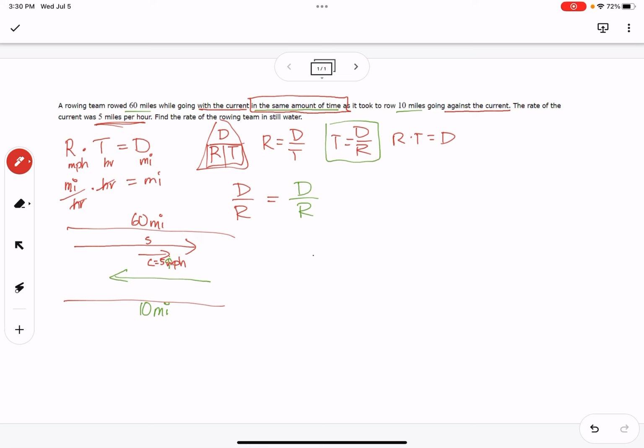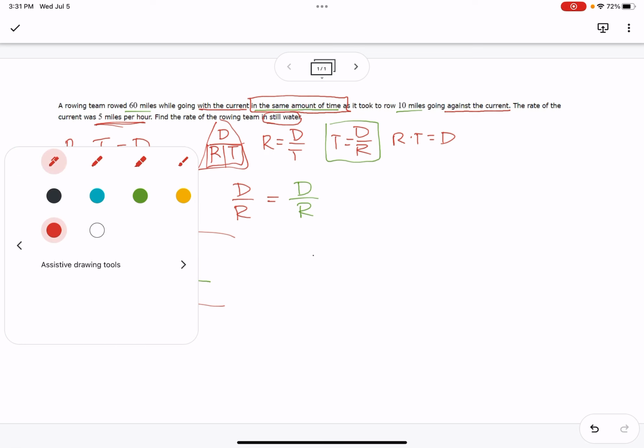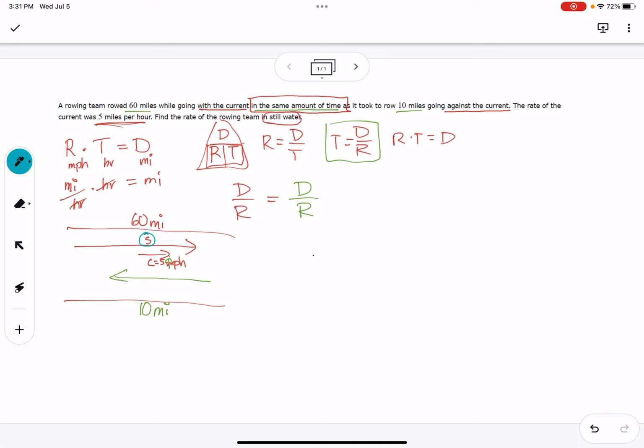So we're assuming that the rowing team is pushing with their power, their still water speed, the same both ways. They have a still water speed this way and they have a still water speed this way. But when they go with the current, we can make a little table, for example, and then against the current.